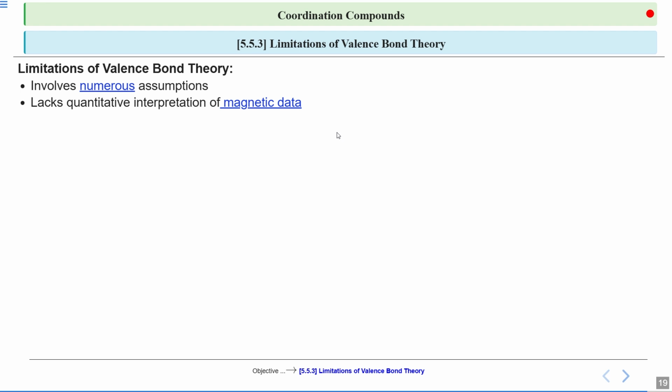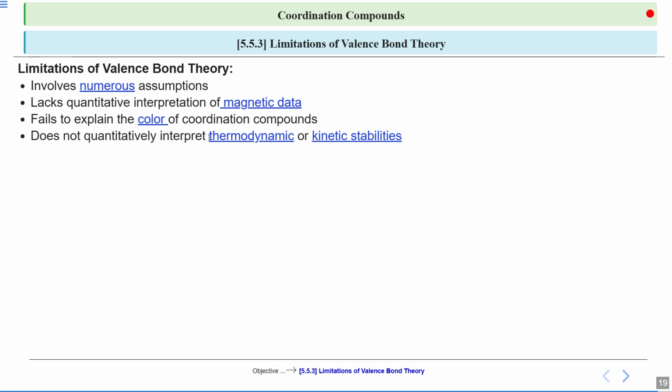Third, it fails to explain the color of coordination compounds. The valence bond theory doesn't explain why coordination compounds exhibit color. And as you know, color arises from the electronic transitions between the d orbital electrons, right? So this concept is not addressed by the valence bond theory.